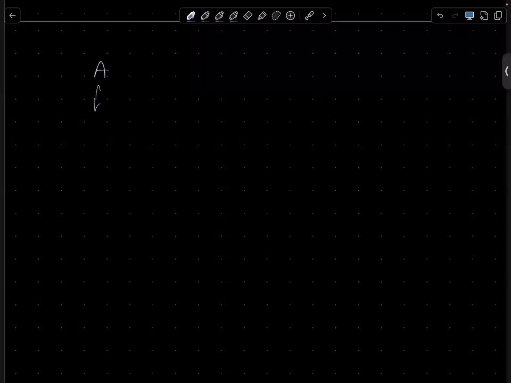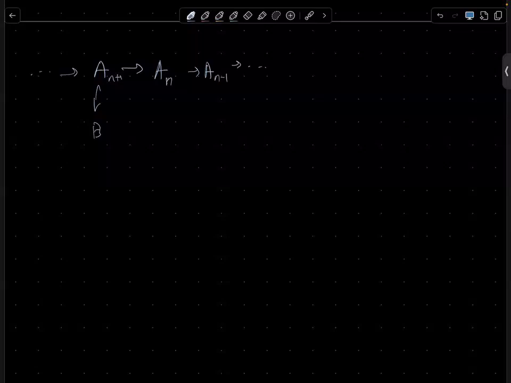If A is a sub-object of B, then in the chain complex it'll look like this: An plus 1, An, An minus 1, and so on, and Bn plus 1, Bn, Bn minus 1. You'll get these inclusion maps, but you need to also check that they are actually morphisms in the category, so they need to make these squares commute. And then the same for the quotients on the other side.